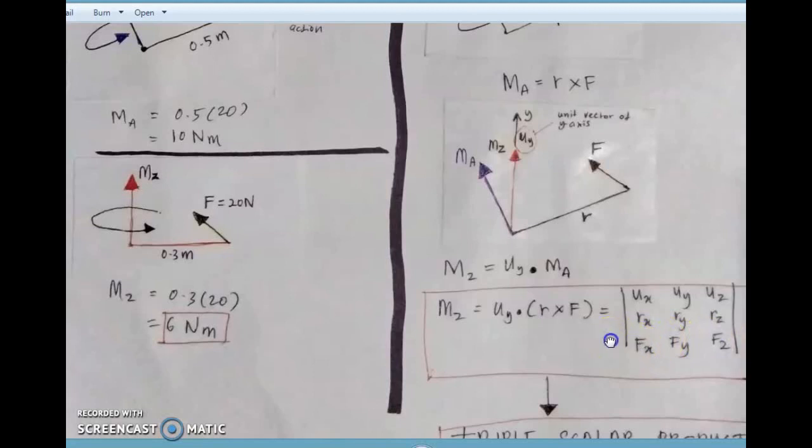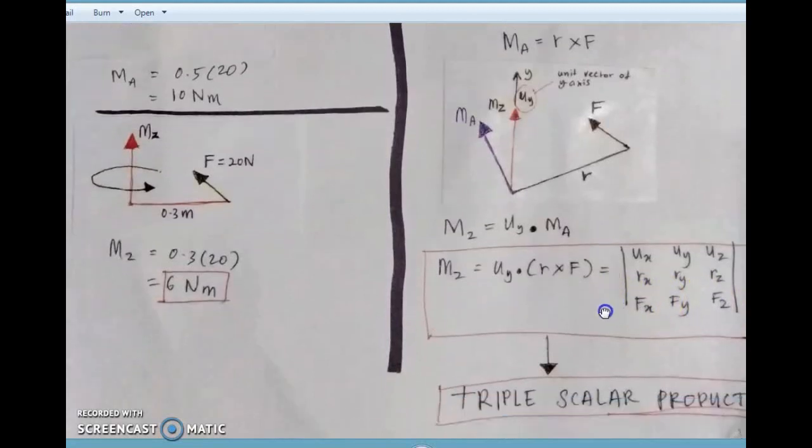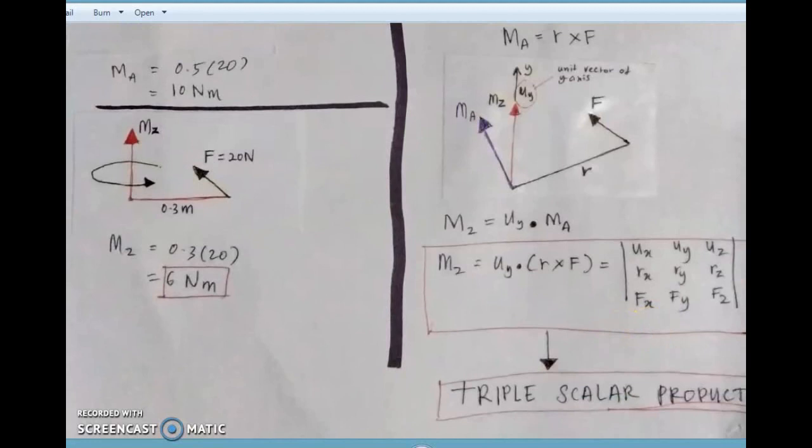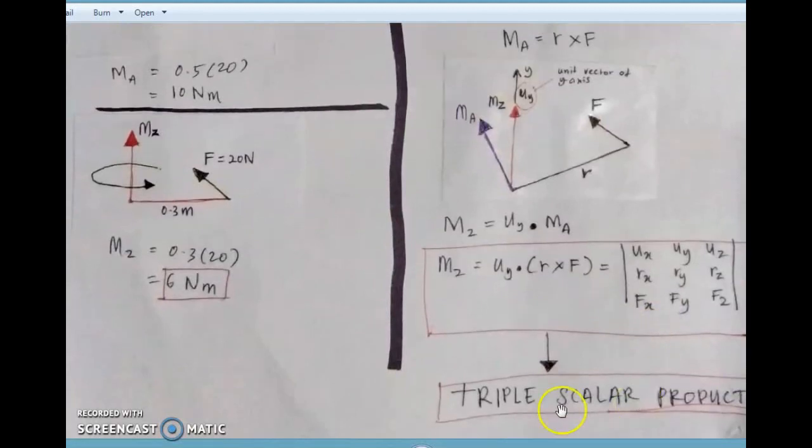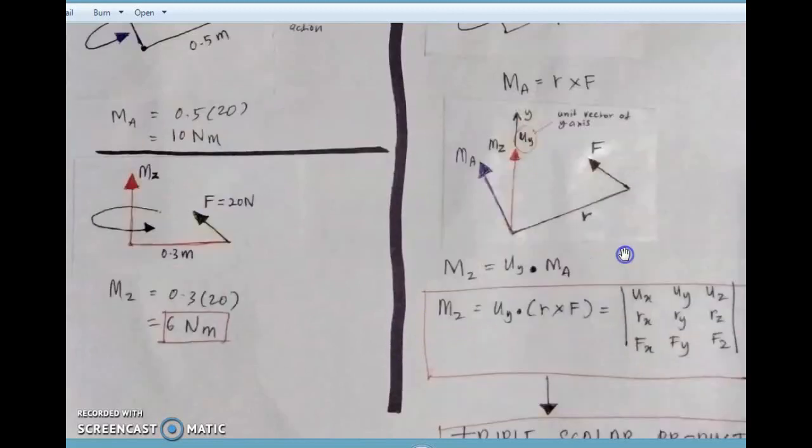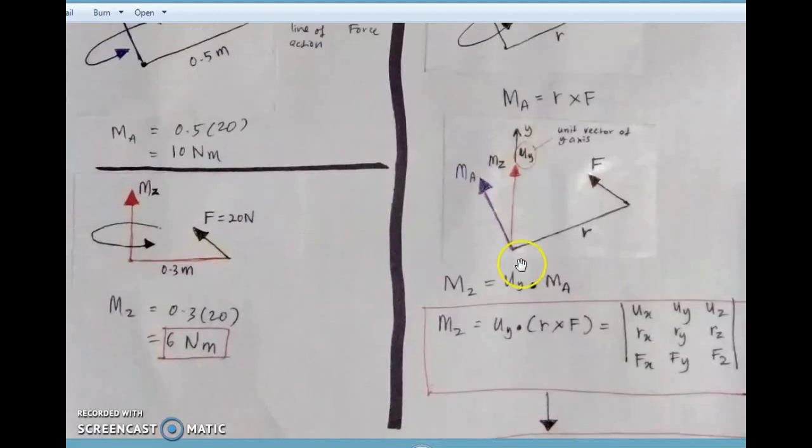Please remember that this equation we call the triple scalar product. So if the examination asks you to calculate using the triple scalar product, you must use this equation. This is particularly if you want to calculate the moment about an axis.